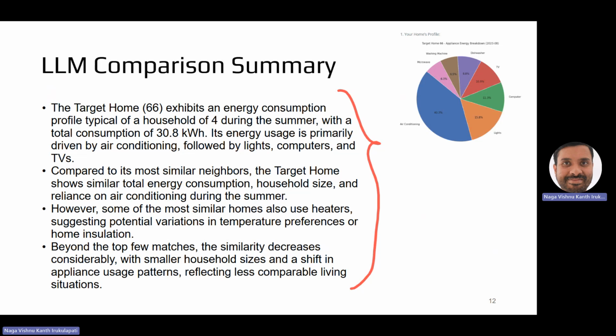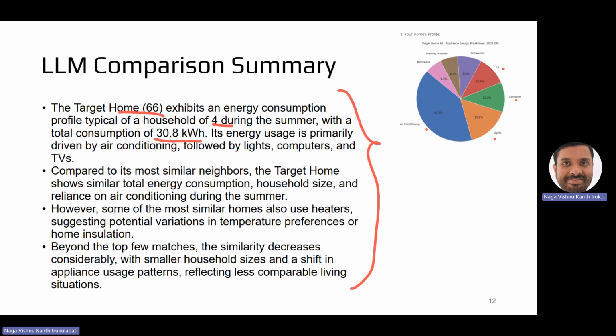It says that the target home 66 exhibits the energy consumption of a typical household of 4 during the summer, and its energy is primarily driven by air conditioning, then lights, then computers, and then TV. So it is able to understand that whole picture, the pie charts and diagrams, and then summarize it in a natural way.